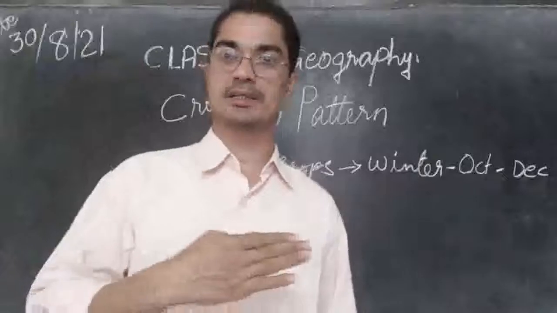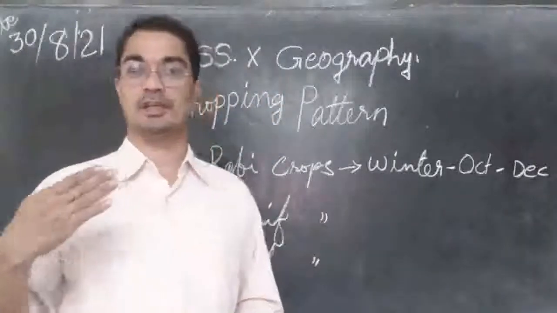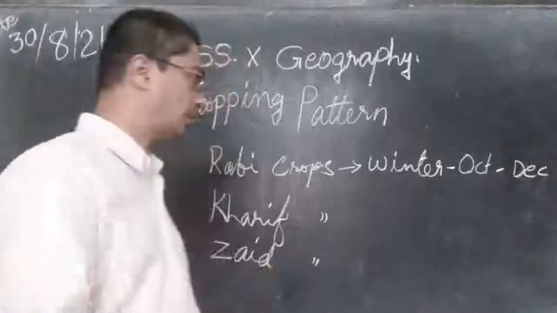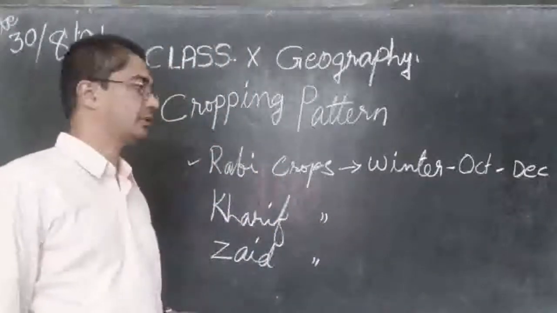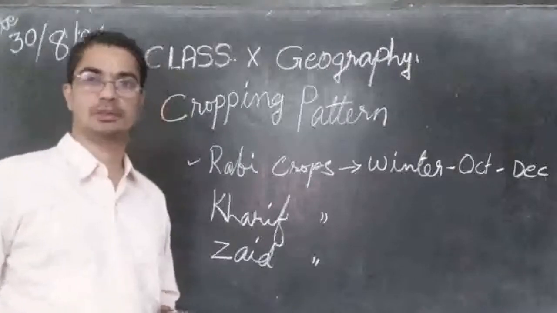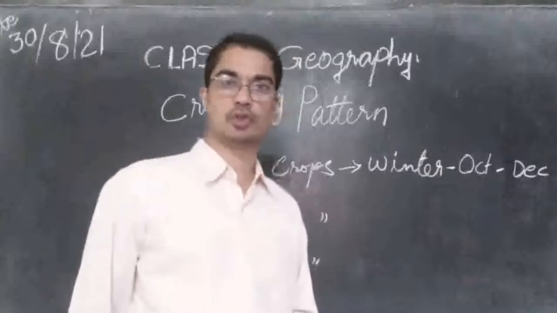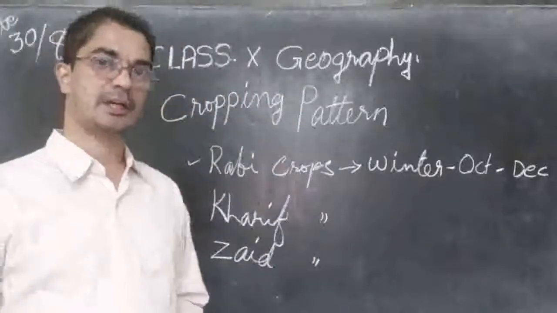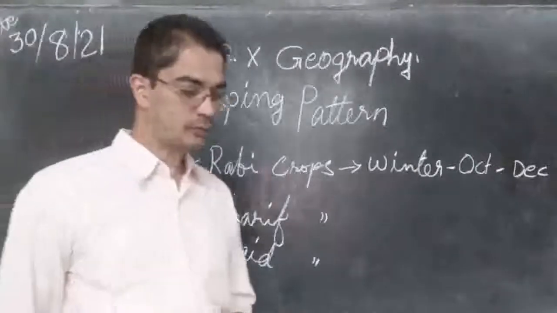So that is the winter season, isn't it? By October, winter starts in India, and these crops are also planted during this season. It starts from October, and by the end of December the planting is done. So October, November, December, in 3 months' time these Rabi crops will be planted.